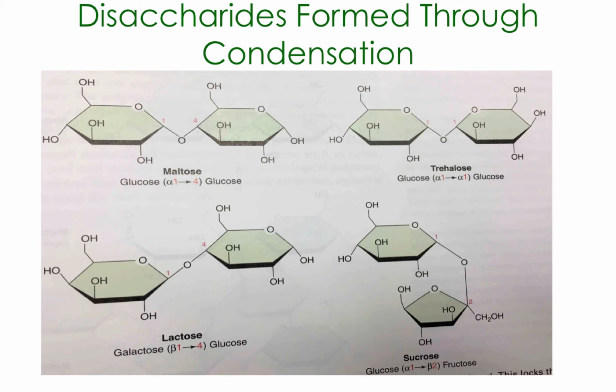Okay, and another key important thing is how do we produce disaccharides? These are produced from a process known as condensation, or also known as dehydration synthesis. We call it this because in the formation of a two-sugar molecule, we form water and we then remove it. Water is formed from the combination of two hydroxyl groups, as you can see here.